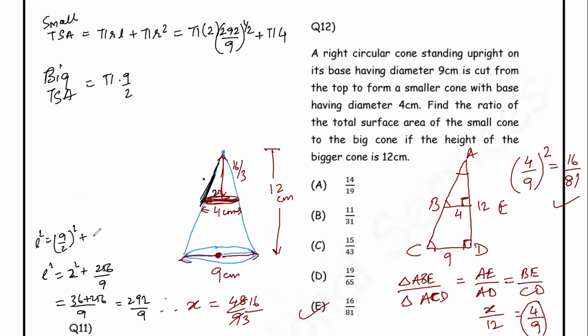No, wait a minute, my bad. 12 square. So that's 81 by 4 plus 144, right? So that would be, on 4, 81 plus 144 times 4. My God.